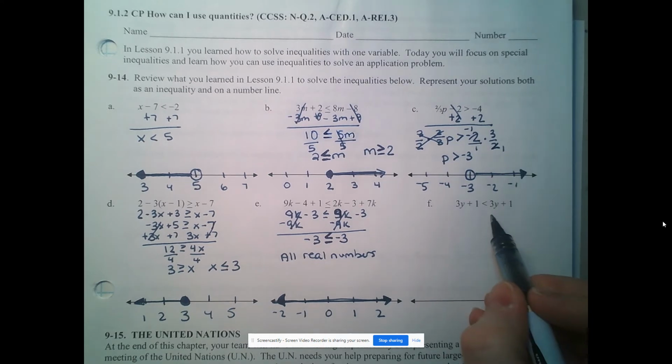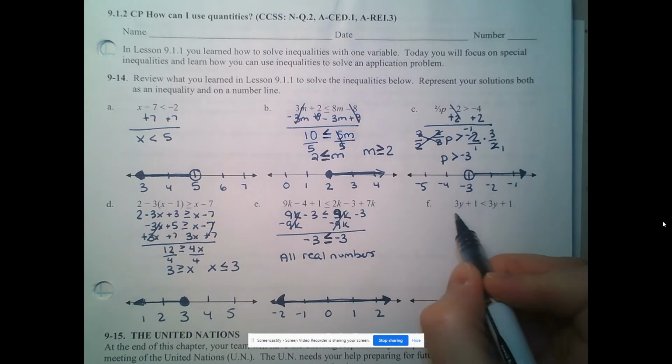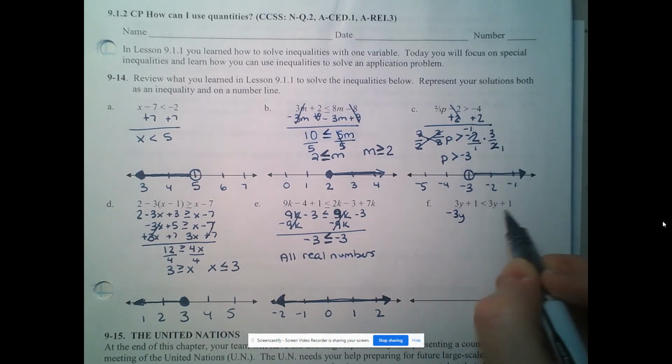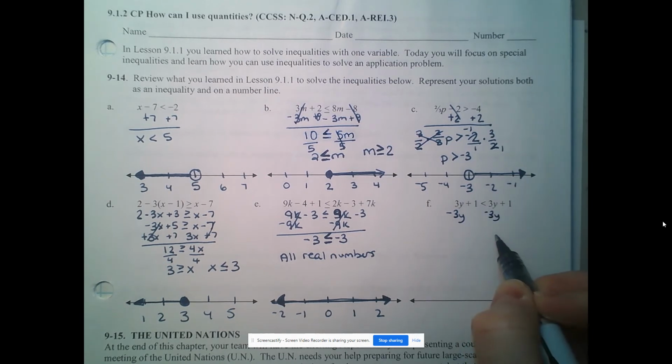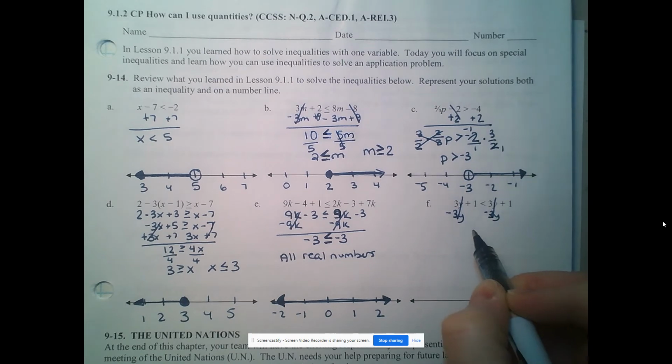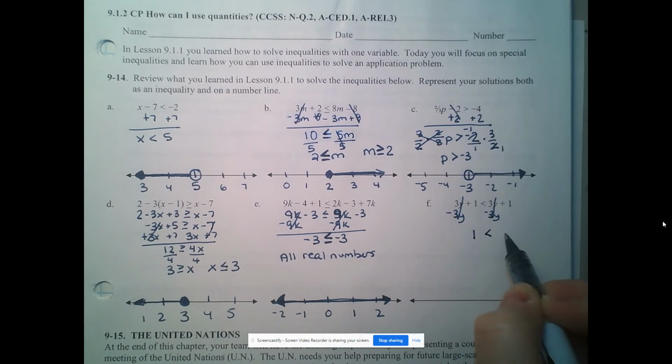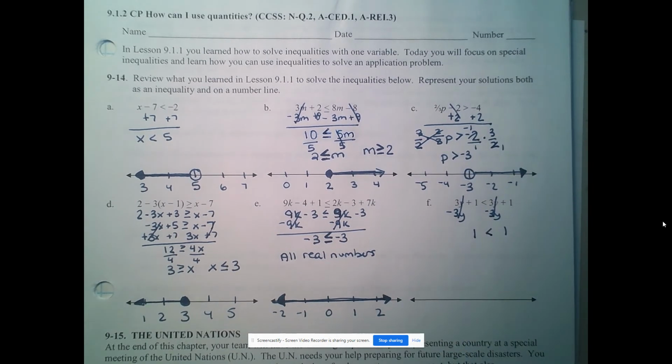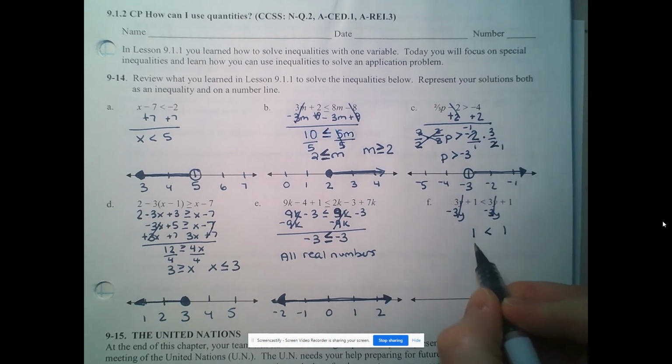The one on the right, F, if I subtract 3y on the left and subtract 3y on the right, again, you will notice that all of my variable terms cancel, but this time you'd be left with 1 is less than 1. And that is not a true statement, and there's nowhere to substitute anything.